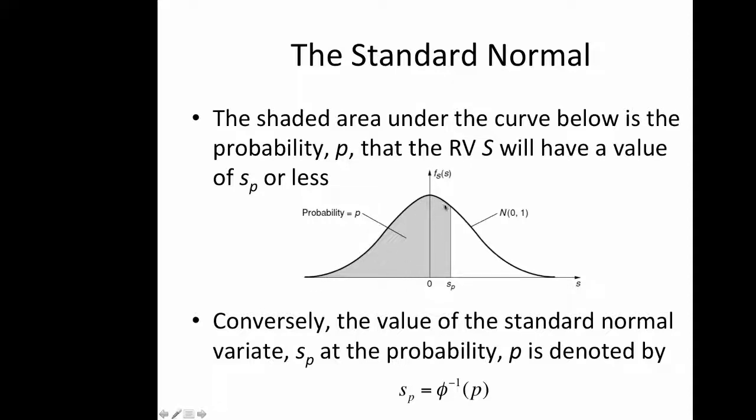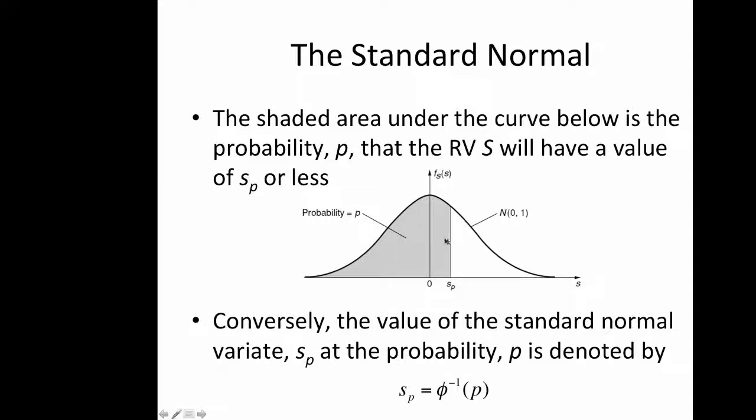So if we are interested in some probability underneath our standard normal that's associated with some value s sub p, what we say is that the shaded area below the curve is the probability that the random variable S will have a value of s sub p or less. Let's say that again.